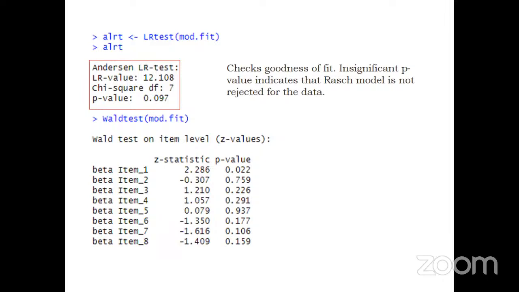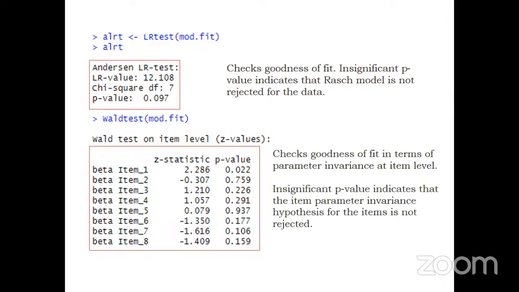You need an insignificant p value, which shows that there is a good fit. The Wald test also gives you a check of the goodness of fit in terms of parameter invariance. So we need an insignificant p value here, which will tell us whether the parameters are invariant across the different groups who are taking the test or not.